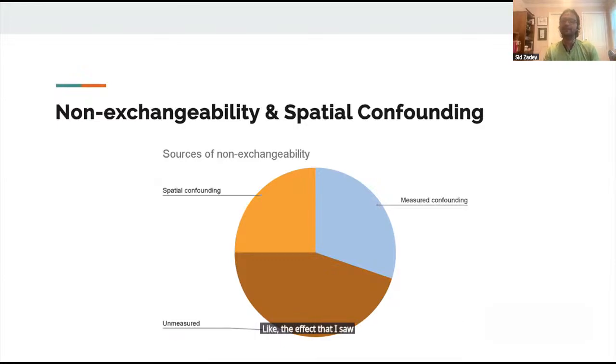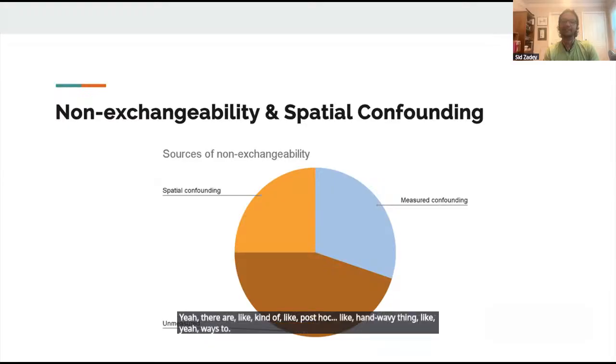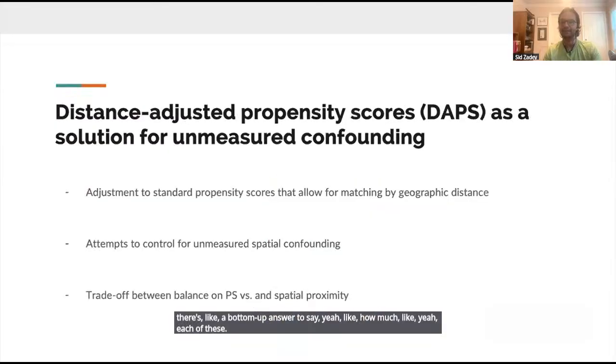So there are post hoc, kind of hand-wavy ways to get at that, but I don't think there's a bottom-up answer to say how much each of these pie pieces would be.